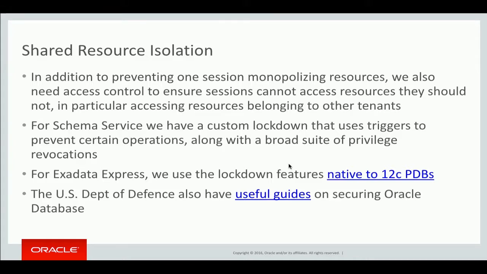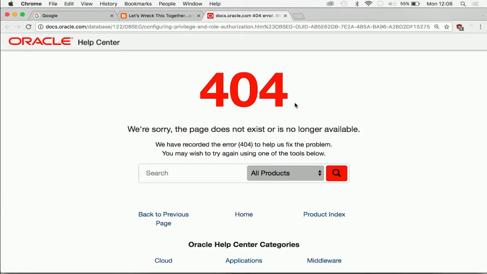I meant to link to a white paper that describes the lockdown in schema service. We have to disable some facilities, because you can't have BFILEs in that environment, as we can't give you access to the physical disk and so on. I was there a day ago.